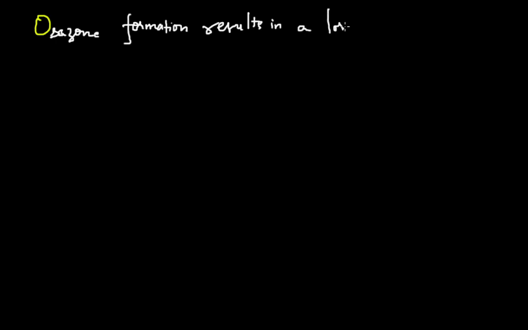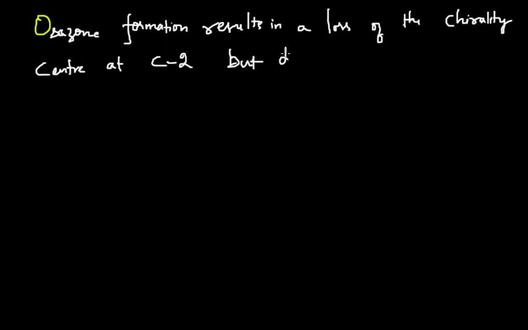Okay, so osazone formation, a little bit more information on this. It results in a loss of the chirality center at the C2 carbon, but does not affect other chirality centers.